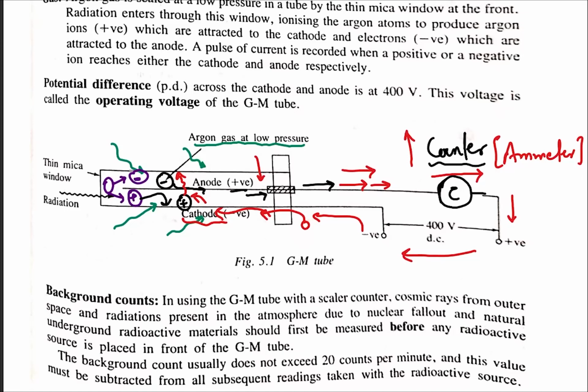Basically, for gamma radiation, under special circumstances, the radiation does produce a very small amount of reading on the GM tube. So we have to increase the value of the DC output to a very high voltage, and under those circumstances, when there is a very high potential difference between the anode and the cathode, there is a very strong electric field.